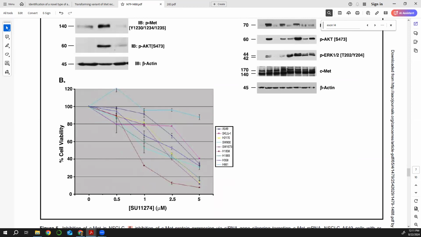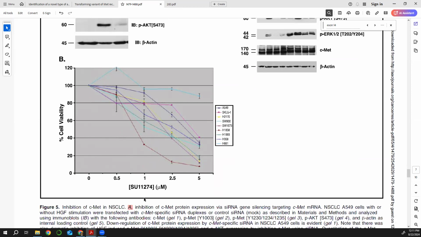Moreover, they looked at cell viability assays, and they show that in these various cell lines, inhibiting with an inhibitor, SU11274, which is a specific tyrosine kinase inhibitor of MET, cell viability goes down in a concentration-dependent manner.